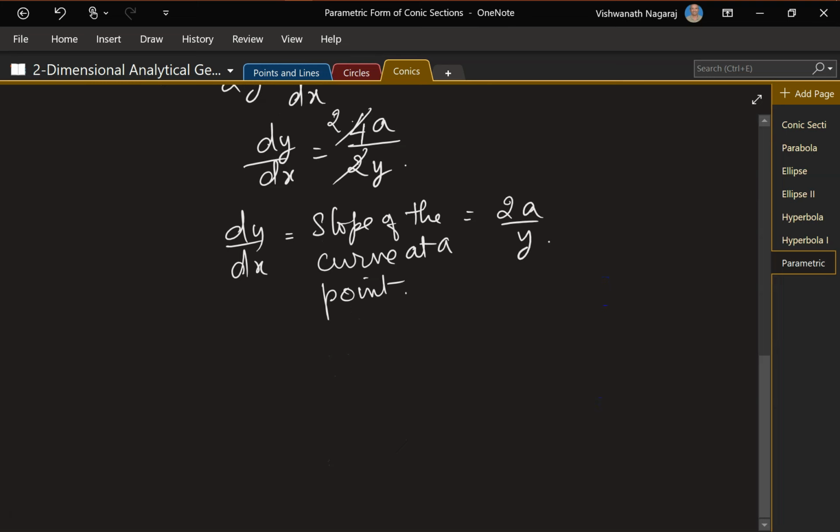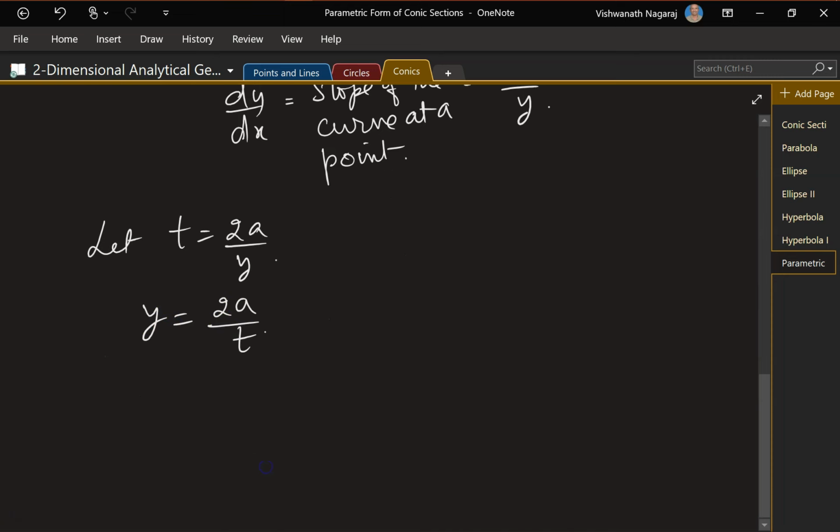Now let's say this is equal to some other variable. Let t be equal to 2a by y. So y would be equal to 2a by t. Now let's substitute this in y square equal to 4ax. So 2a square by t square is equal to 4ax.